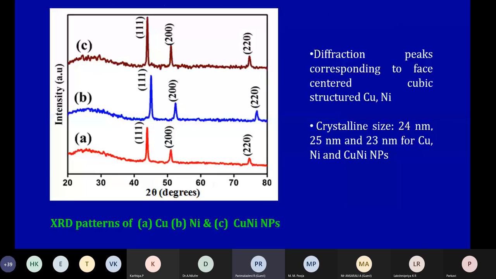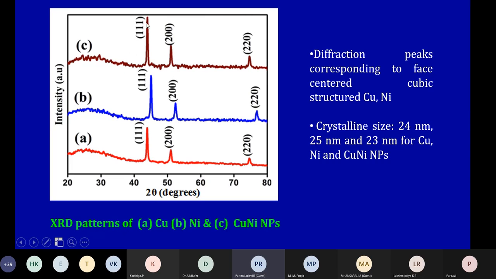First we go for the powder diffraction method, in which we can analyze the structure. From this pattern we clearly know that copper has a face centered cubic structure, and nickel also has a face centered cubic structure.